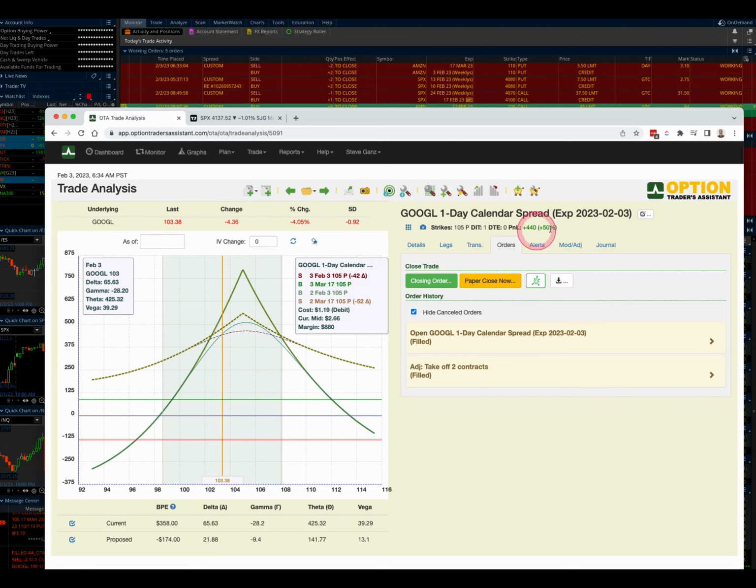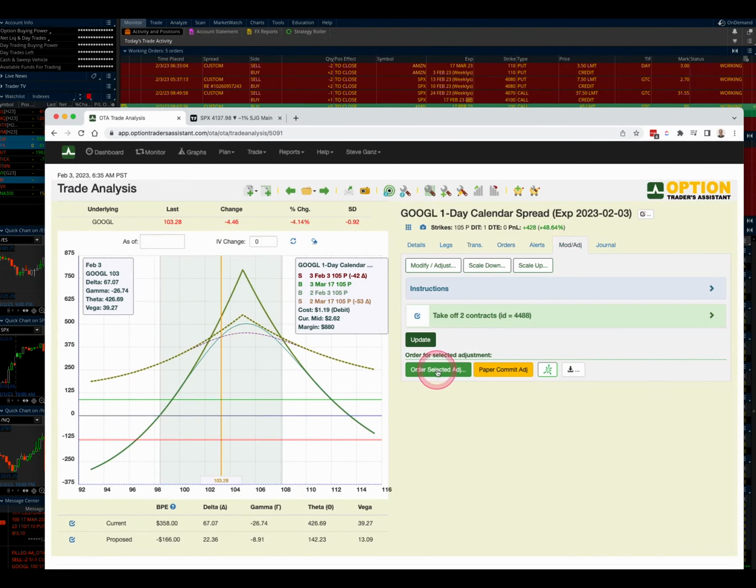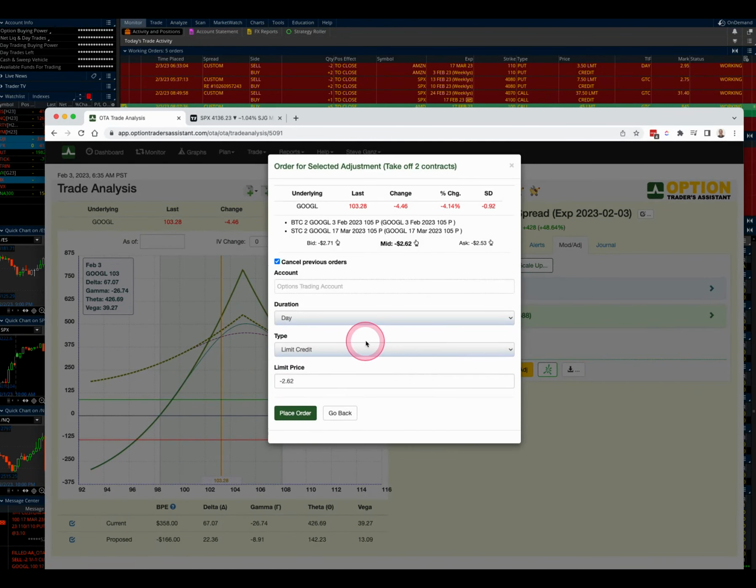And see where we're trading right now. So we're at 262. So I'm going to go ahead and I'll put, let's see, I'll go out at $3 on the next one.